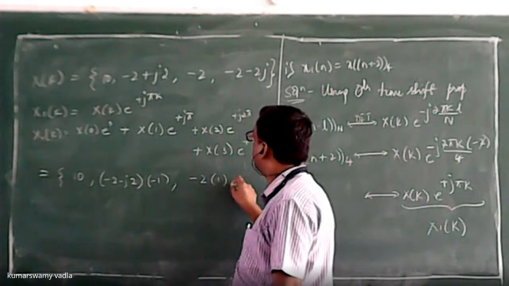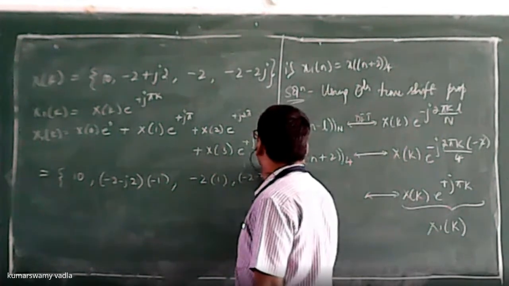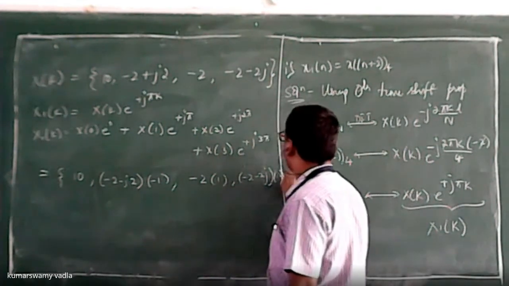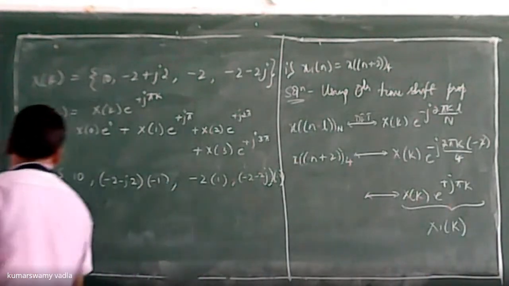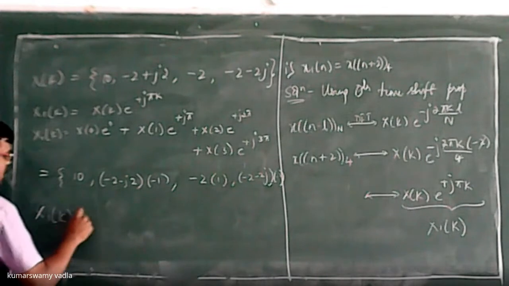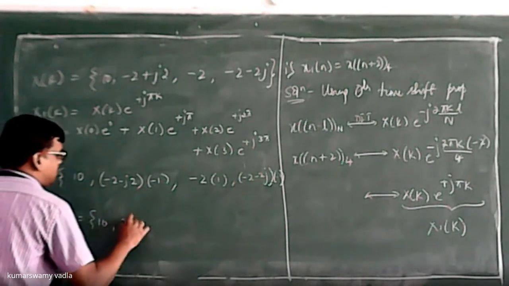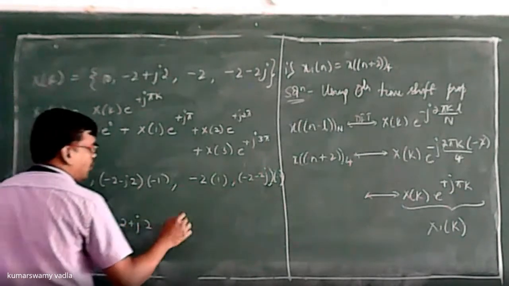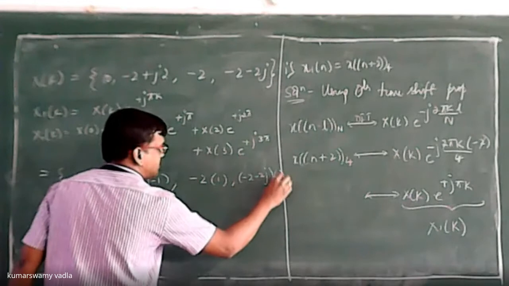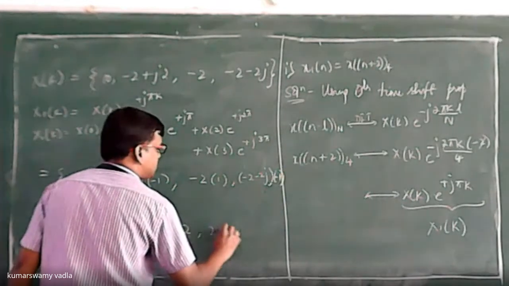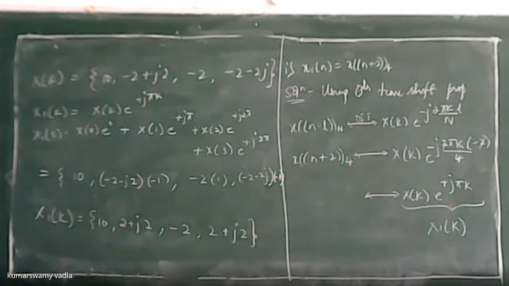Then minus 2 minus 2j into minus 1. So finally X1 of k is equal to 10, 2 plus j2, minus 2, 2 plus j2 is the final answer for X1 of k.